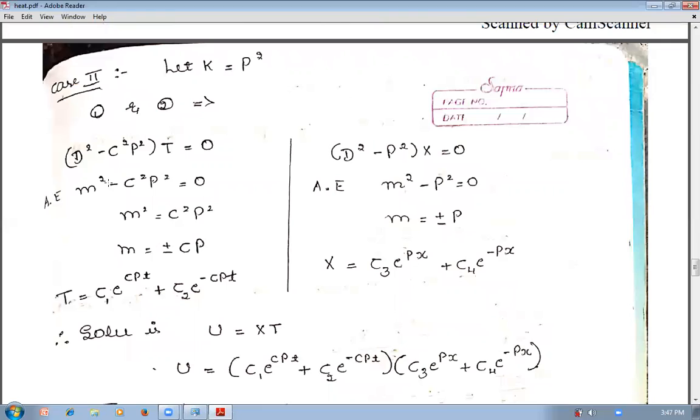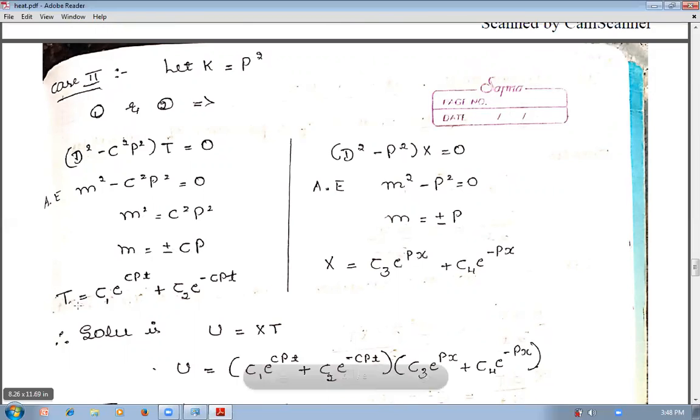Simplify this, write the auxiliary equation, replace D by small m: m square is equal to c square p square, and m is equal to plus or minus cp. Here m square minus p square is equal to 0, m is equal to plus or minus p. Here also two roots, and here m is equal to plus cp and minus cp are the two roots.